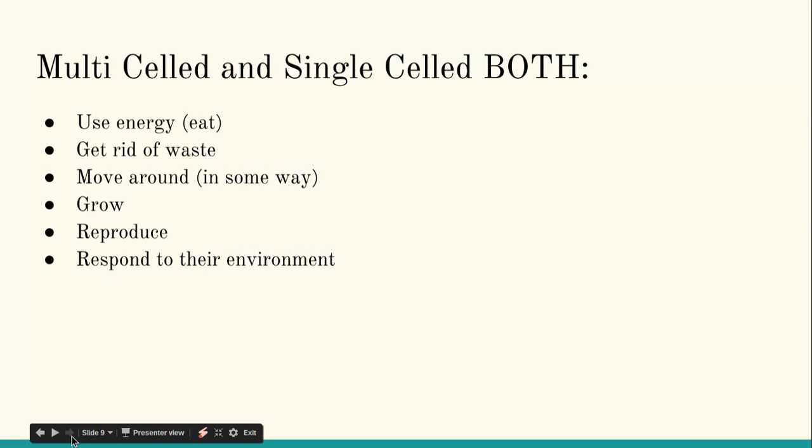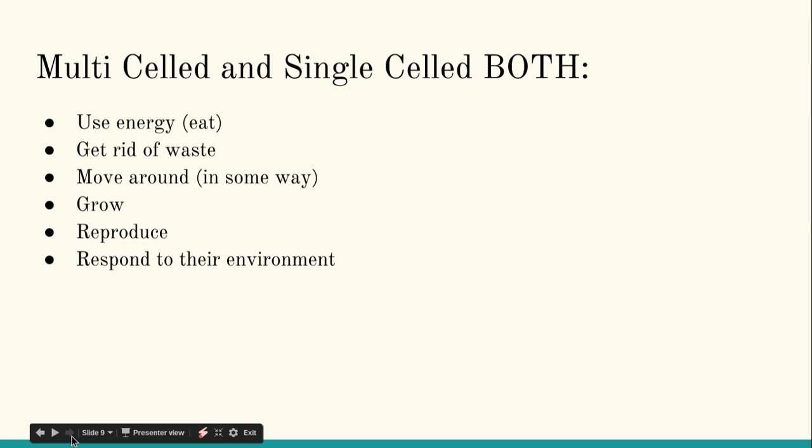So together, single-celled organisms and multi-celled organisms both do similar things. They both eat and use energy to eat. They both get rid of waste. They both move around in some sort of way. They both grow. They both reproduce.